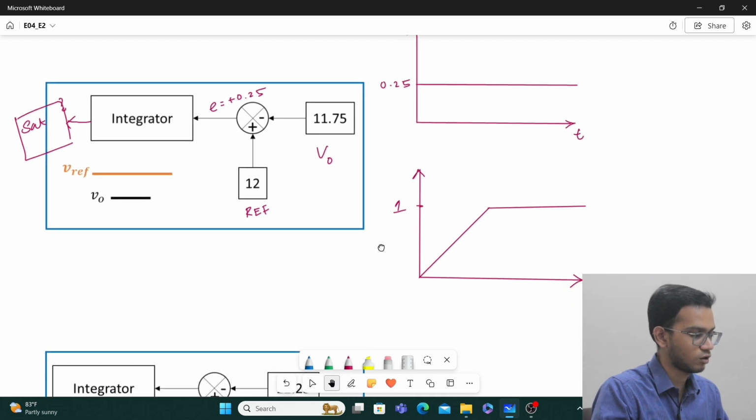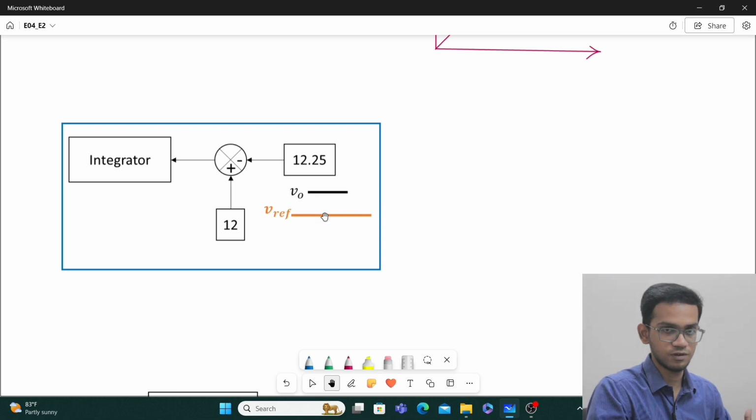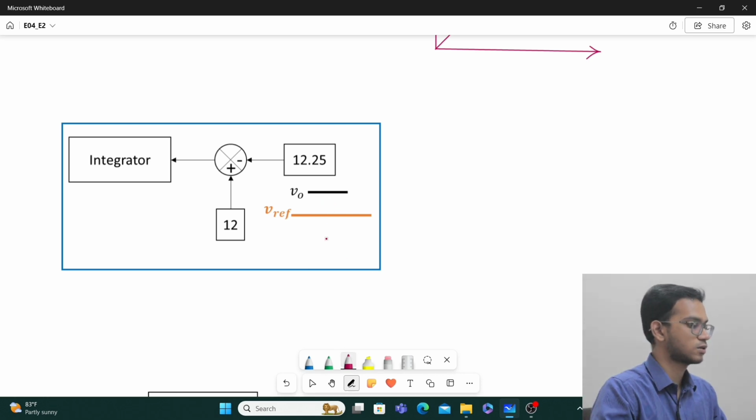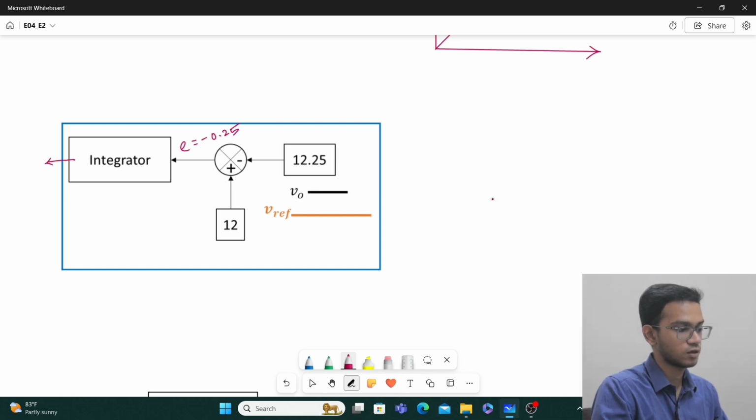Now moving on to the contrary part, assume that now my V0 is greater than V reference. If it is 12.25, then what will be my error? My error will be constantly negative. If it is constantly negative, the integrator will produce an output which will keep increasing in the negative direction.